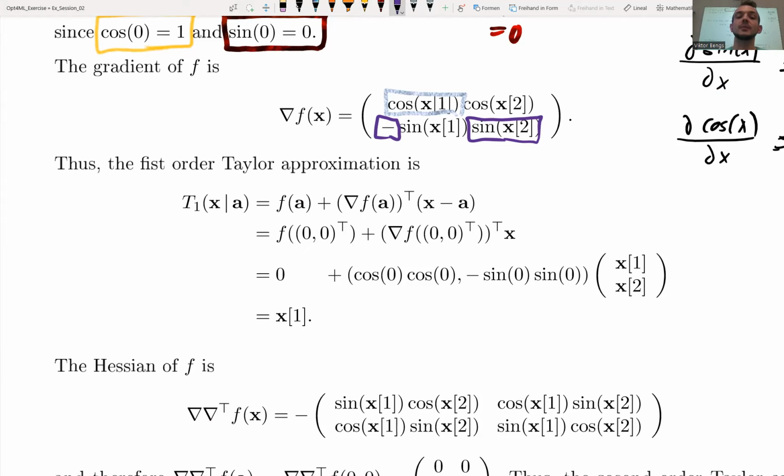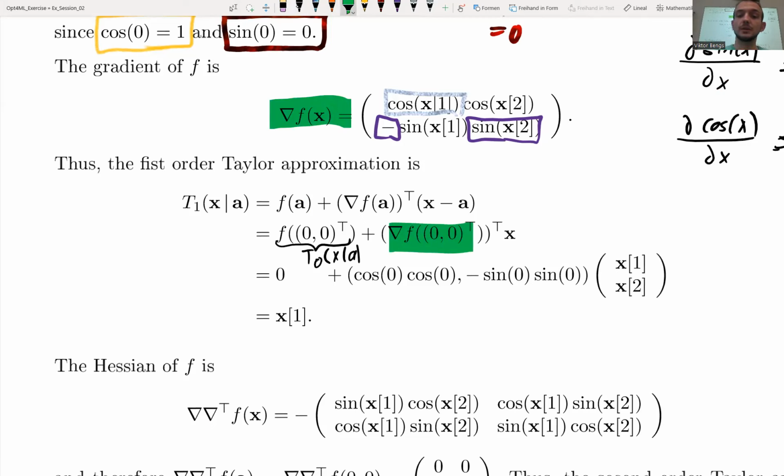We know from the previous that this here is the same as the 0th order Taylor approximation, which was 0. So we only care about what this inner product here is doing. We plug in the gradient, which we have computed here.